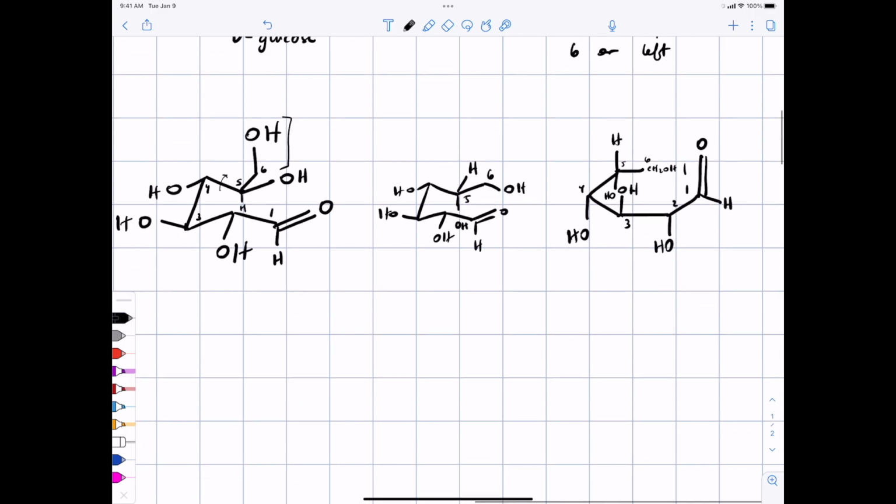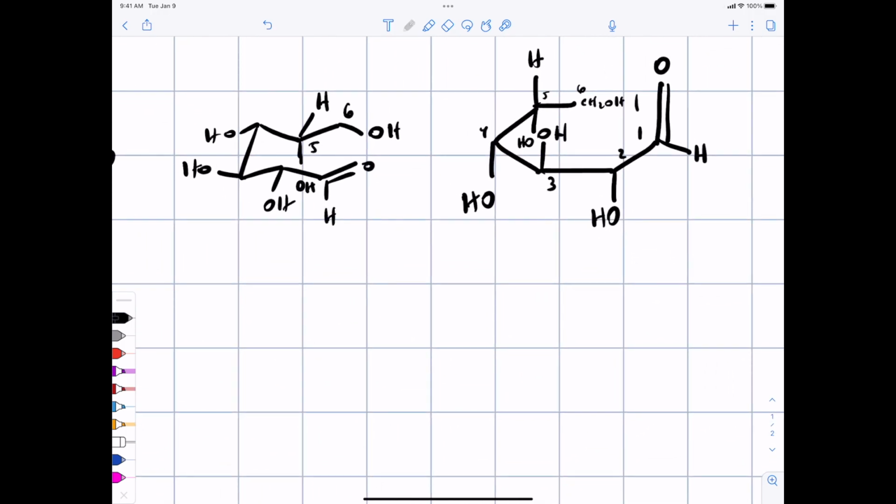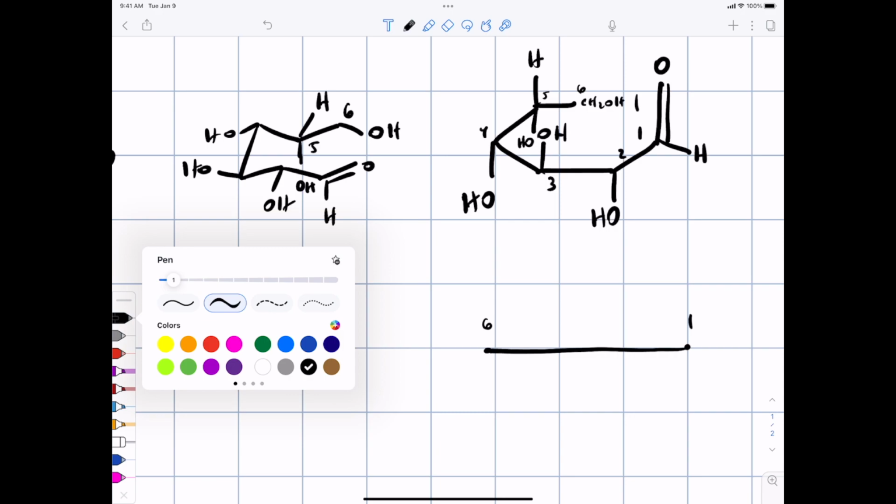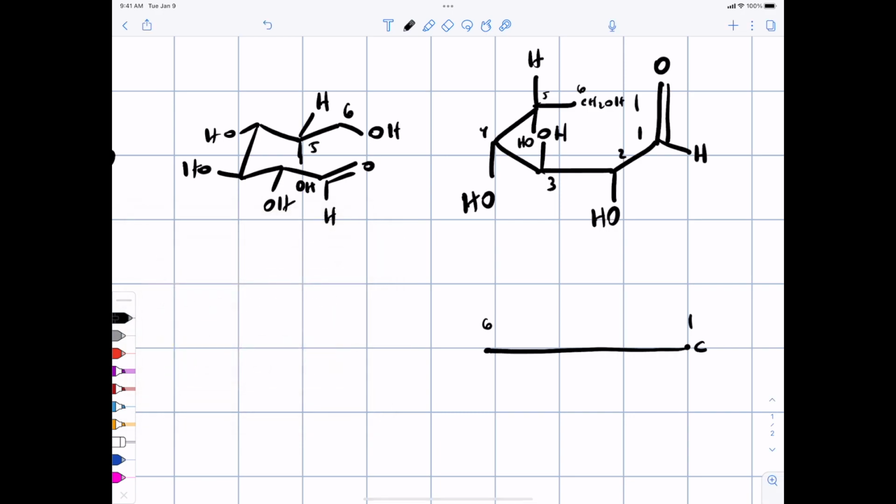All right, then we're going to unfold or unwrap this chain with carbon 1 here, and carbon 6 here. Carbon 1 is an aldehyde, CHO. Carbon 6 is a hydroxymethyl group, CH2OH.